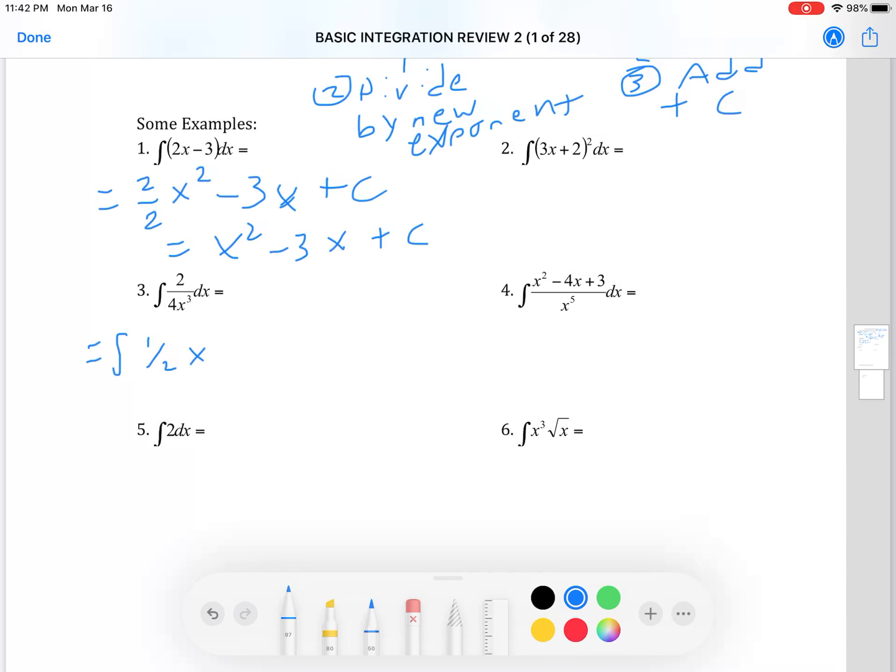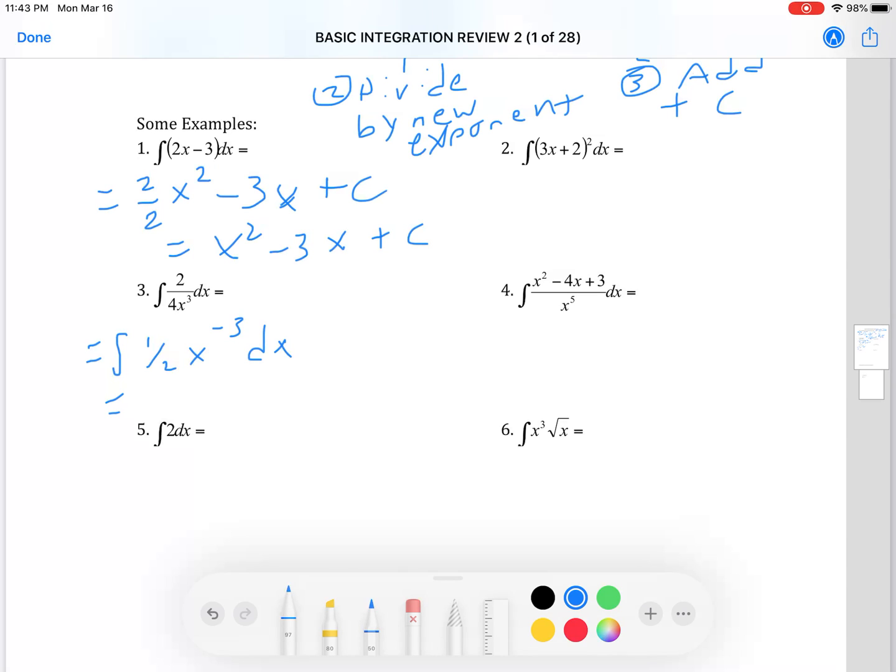And we will call the x cubed in the denominator x to the negative 3. Now remember, if you're just simplifying and rewriting the integral, you have not taken the integral. So you need to be keeping that integral symbol in until you have successfully taken the antiderivative.